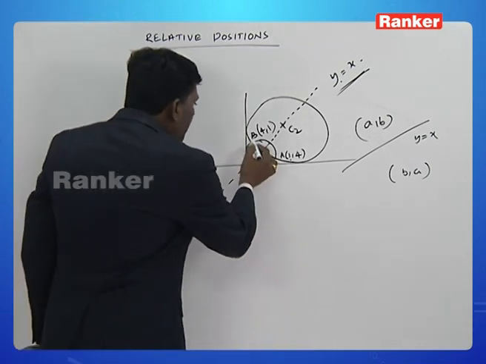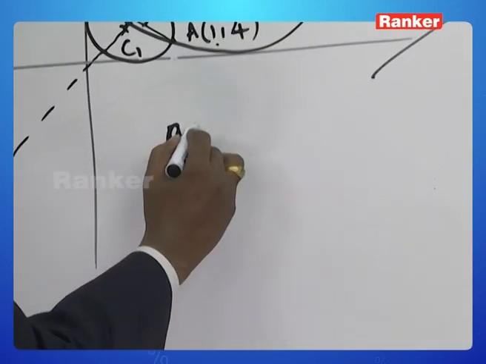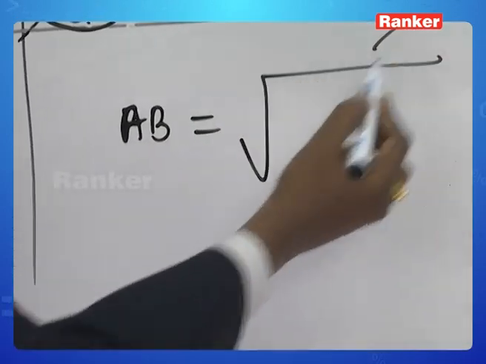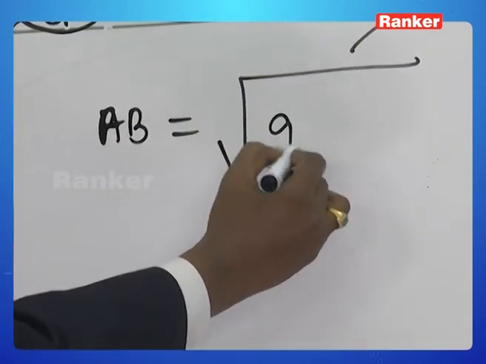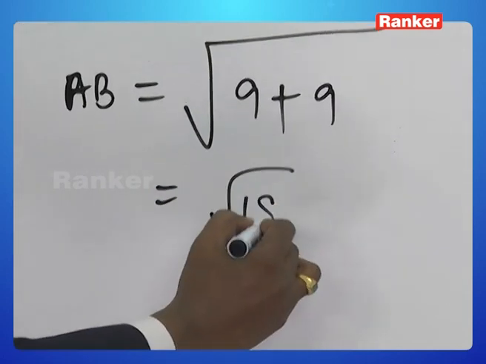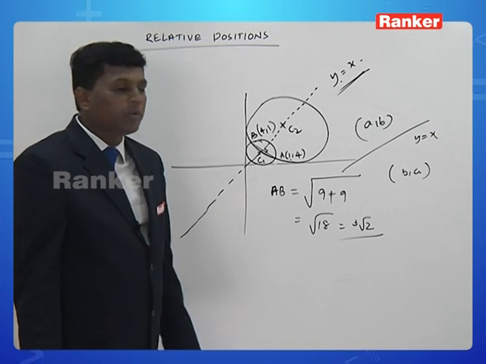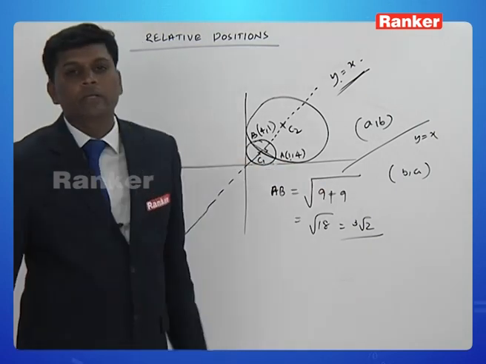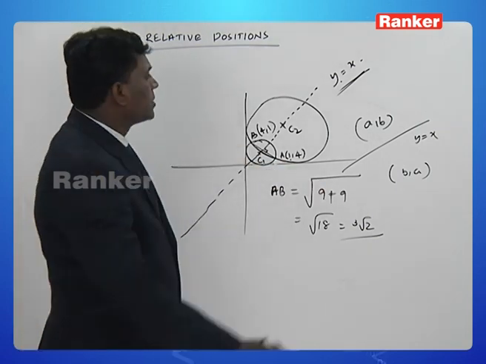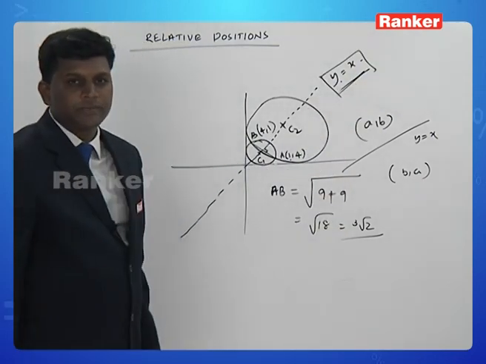If both of these points A and B are known, then AB is the square root of (4 minus 1) whole square, 9, plus (1 minus 4) whole square, 9, which is root 18, nothing but 3 root 2. So we could get the length of the common chord of these two circles, and also we got the equation of line joining these two centers.